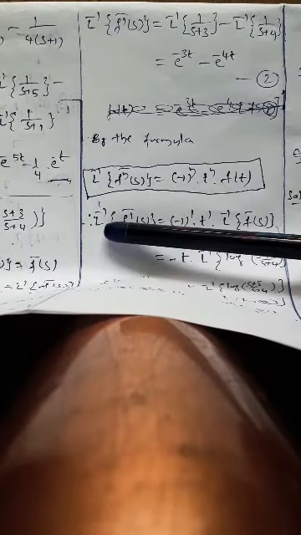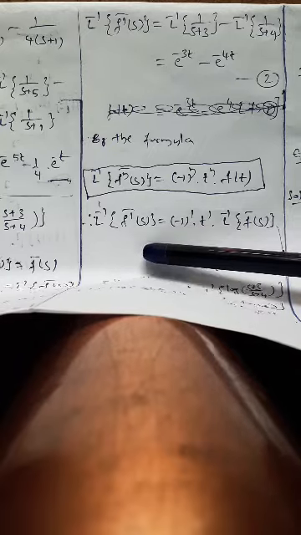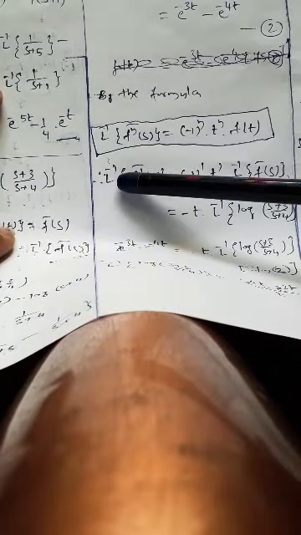So L inverse of f dash bar of s, using this formula, is equal to minus 1 power 1, because here n equals 1, t power 1 and f of t. What is f of t from equation 1? f of t is L inverse of f bar of s. Substitute here L inverse of f bar of s.